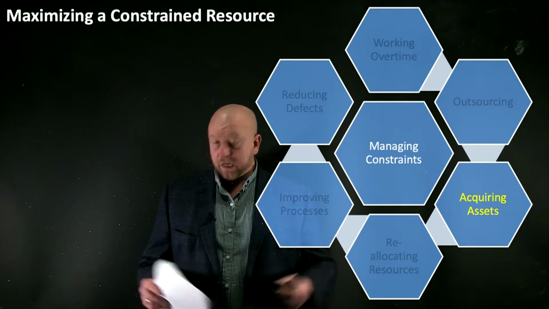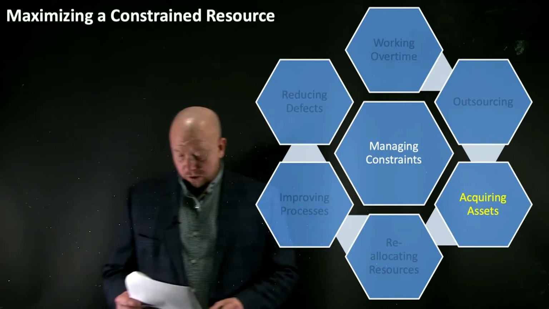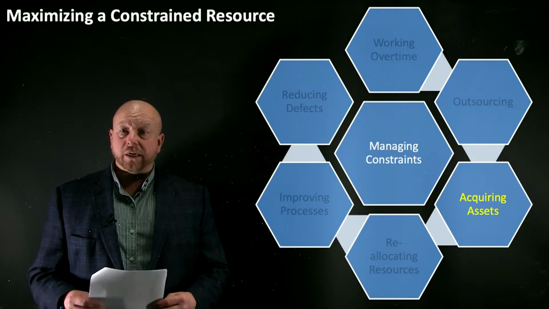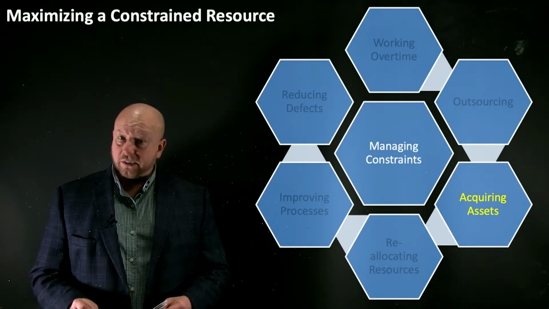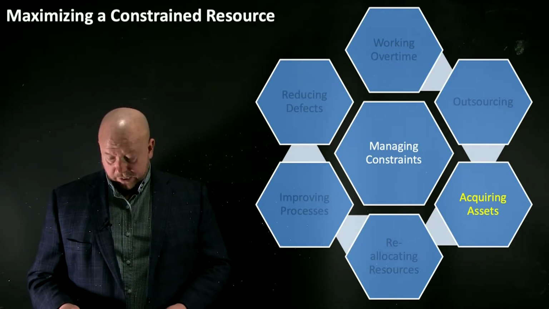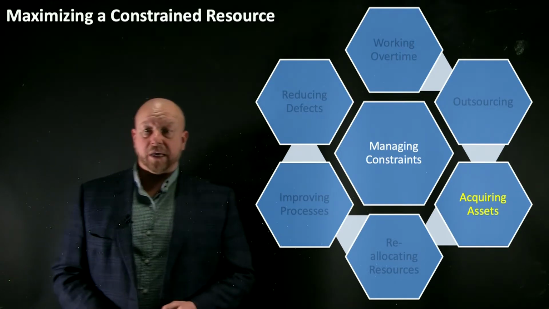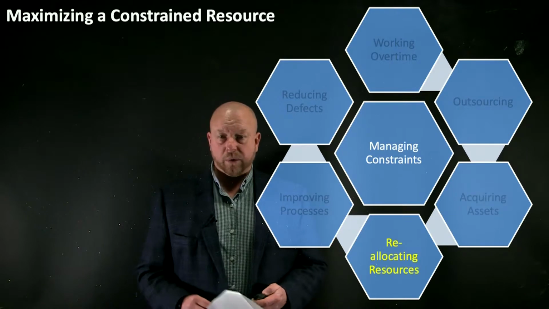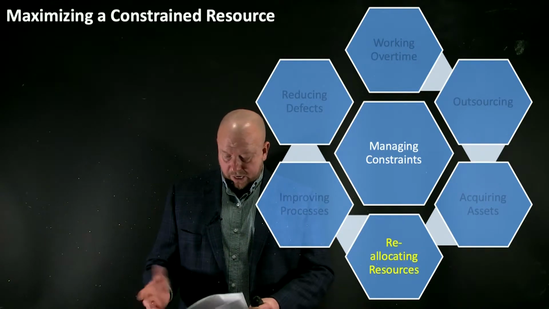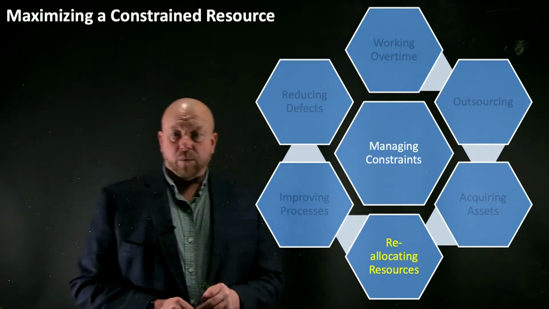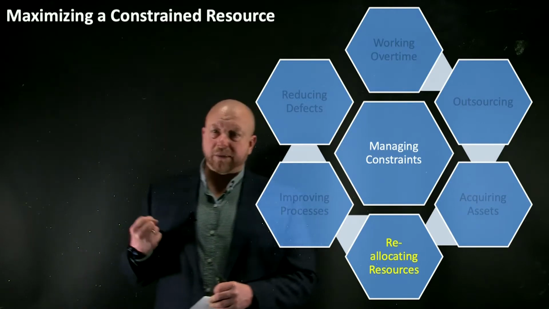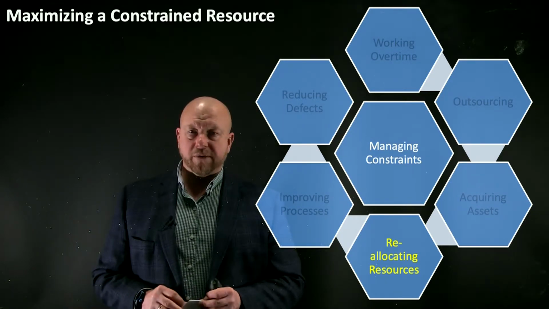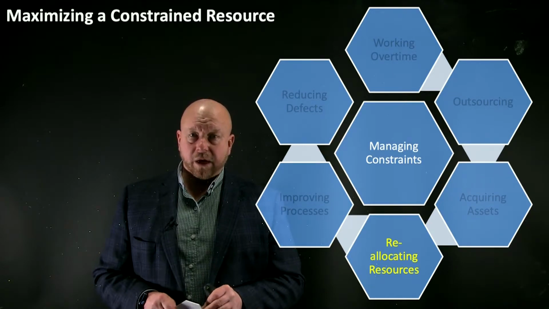Acquiring assets. We could buy more machines, or we could potentially maybe even rent some additional capacity at a bottleneck. But capital acquisition is an option. Probably one of our more long-term solutions as well, really. How about reallocating resources? What if we have the constraint at the bottleneck, but then we have other processes where we have a bunch of capacity and idle resources?